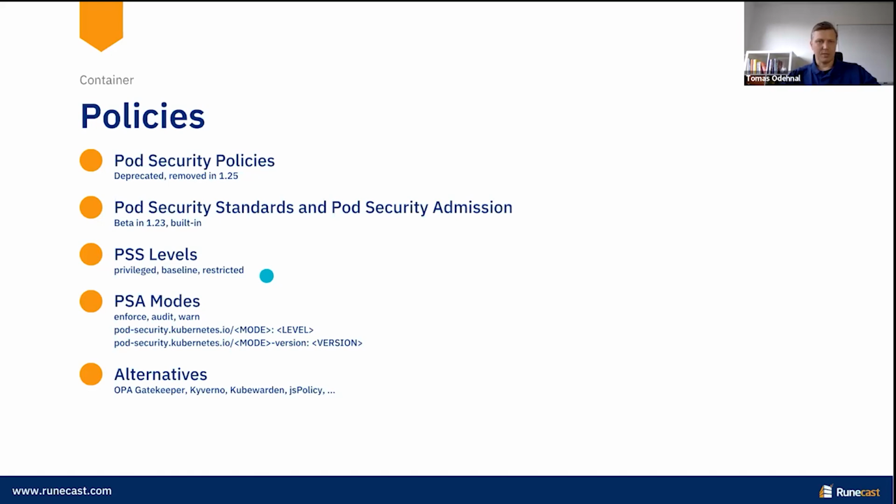But if it's not sufficient and you want to have more granular control, you can use other admission controllers. There are alternatives like Open Policy Agent Gatekeeper, Kyverno, Kubewarden, or JSPolicy, which allow you to not only control what the workload can do, but basically anything in the cluster, like controlling labels, namespace names, whatever you can think of.